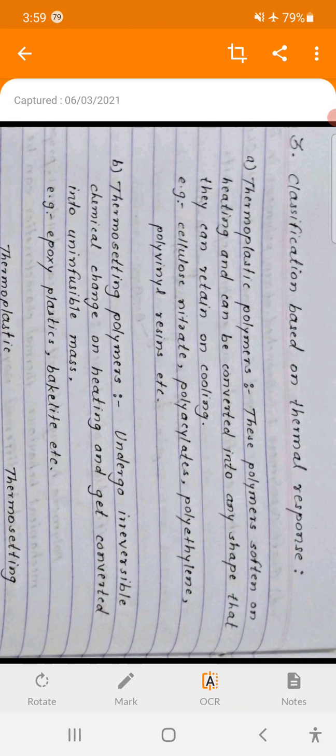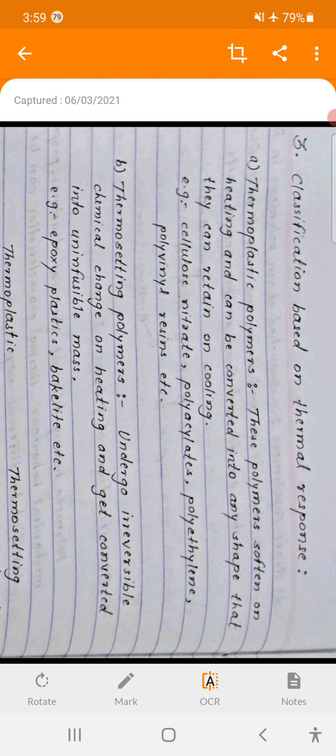Then classification based on thermal responses, how the polymer material responds to heat. Based on that, polymers are classified into two types: thermoplastic polymers and thermosetting polymers. The heat response is different for these two types of polymers.